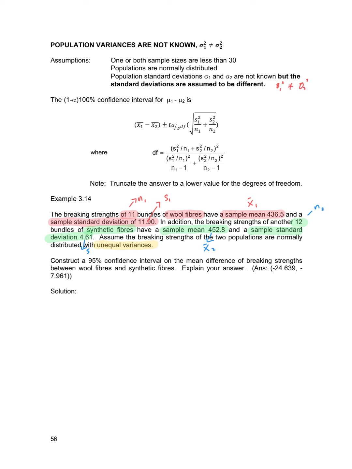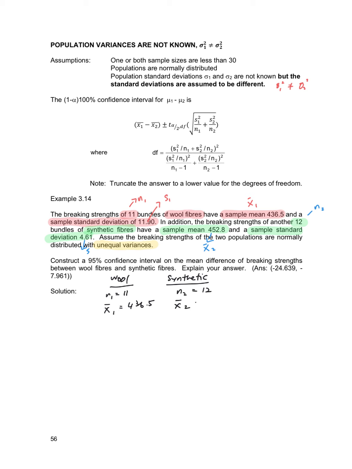So we can write the information. First we have wool, and then synthetic. n1 equals 11 and n2 equals 12. X bar 1 equals 436.5.